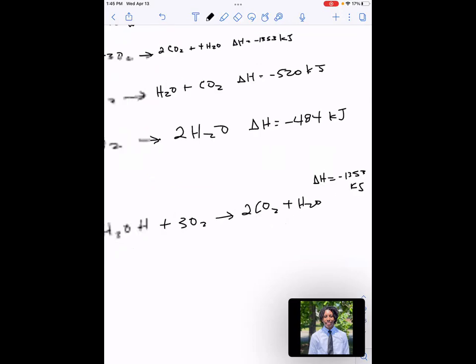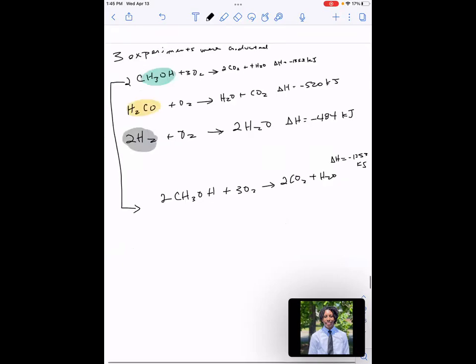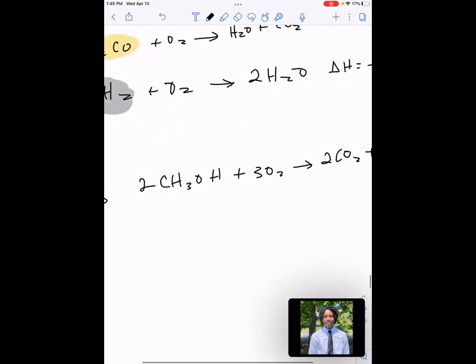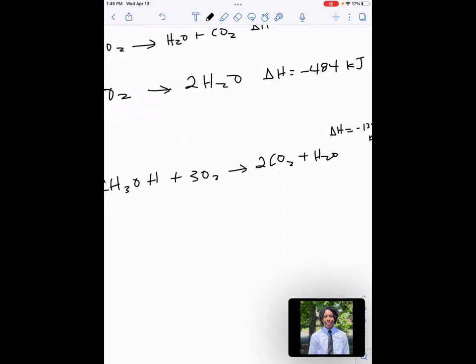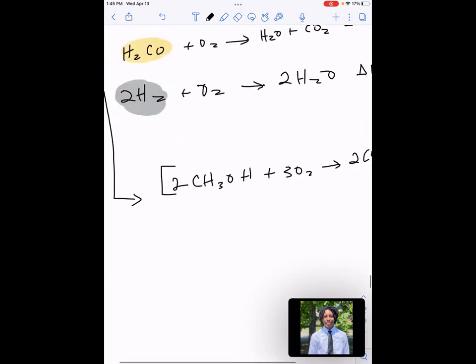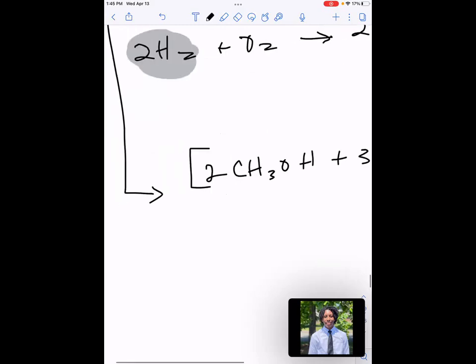Now, how do I get that methanol? What can I do to make that 2 into a 1? Anybody? If I want the 2 in front of methanol to become a 1, what can I do to it? I can't just erase it, but I'll have to do something to it. So what I'm going to do is multiply everything by 1/2. So I'm going to stick a 1/2 out here.